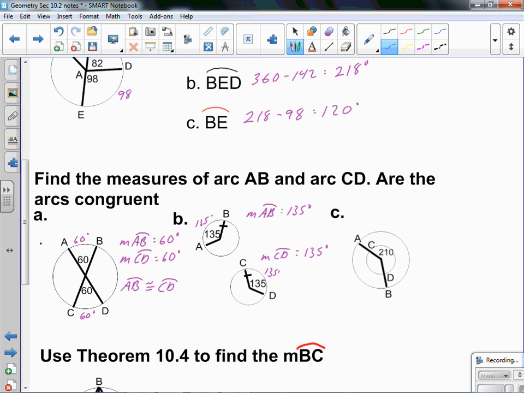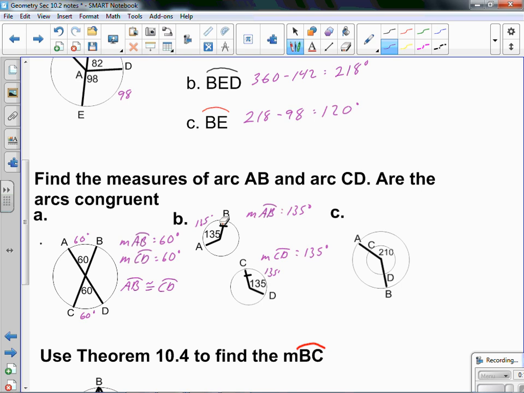They're both 135 degrees, but they're in different circles. So if they're in different circles, what has to be true about the circles? They have to be the same size. They have to be congruent circles, right? So is there anything that tells us those would be congruent circles? If we look right here, if this is a central angle, then each one of these parts of that angle is a radius.